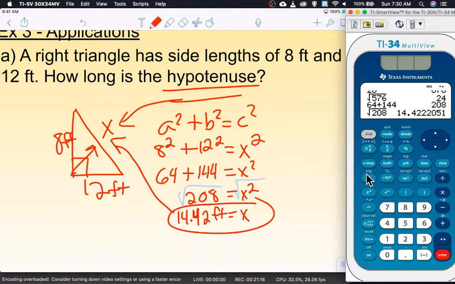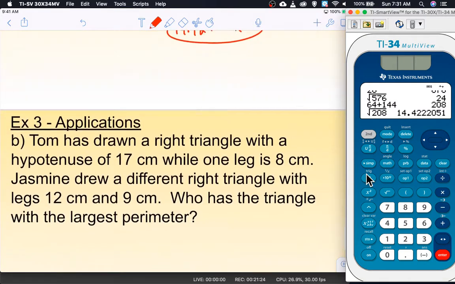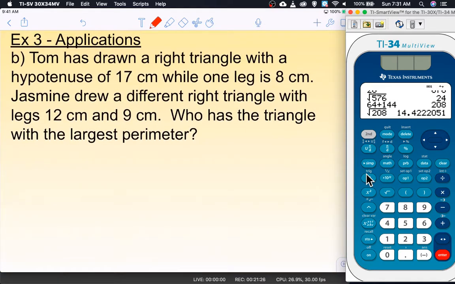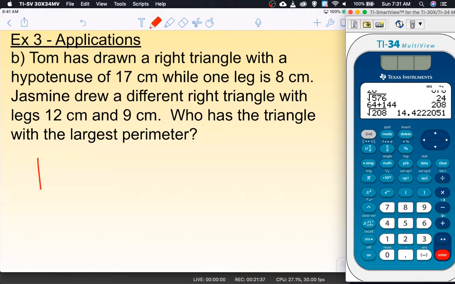I think we're good. Okay, so all you're going to have to do to extend this is draw your own picture. Tom has drawn a right triangle with a hypotenuse of 17, while one leg is 8 centimeters. So let me draw that. The hypotenuse is 17 centimeters and one leg is 8 centimeters.